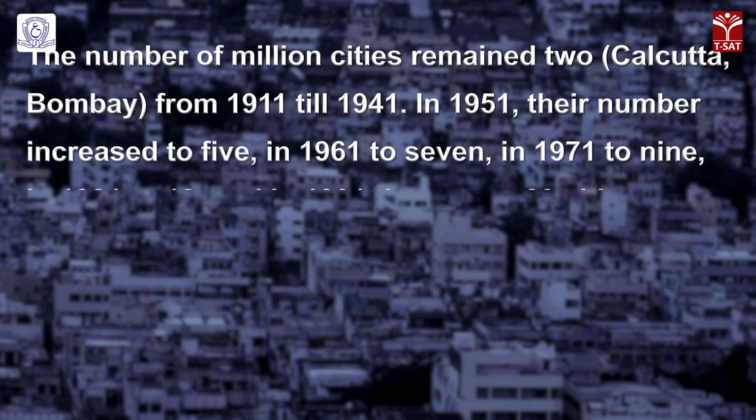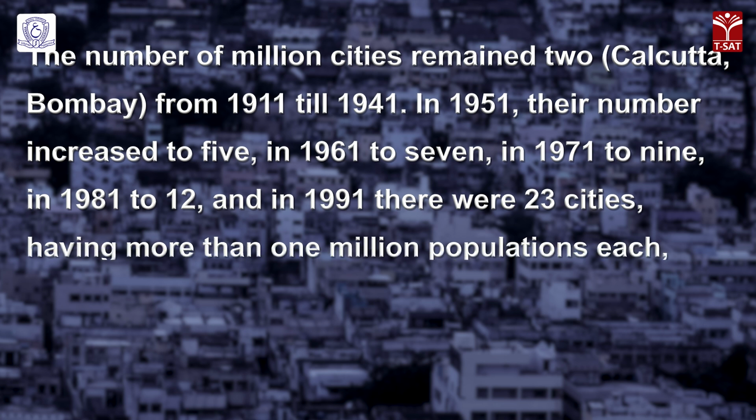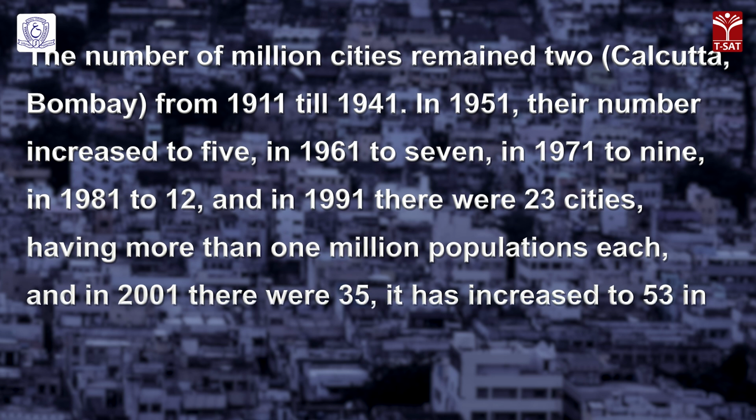In 1961, it rose to 7. In 1971, it increased again to 9. In 1981, it was about 12 million cities, and in 1991, there were 23 cities having more than 1 million of population each. And in 2001, there were 35, while it has increased to 53 in the year 2011.